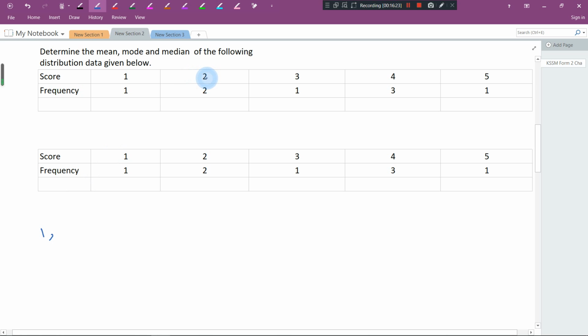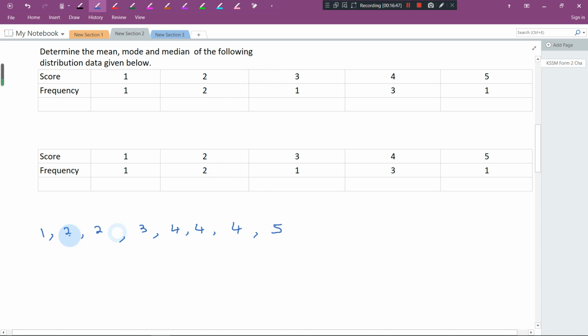I have 2 times of 2. The frequency of 2 is 2. I write 2 times of 2. And then I have 1 time of 3. And then 3 times of 4. 1 time of 5.